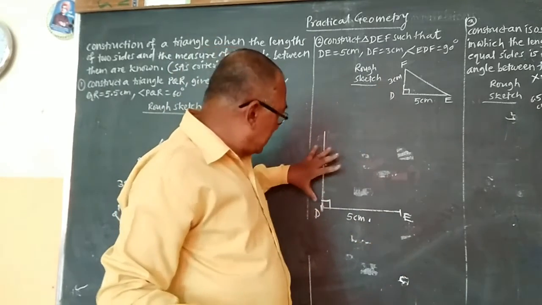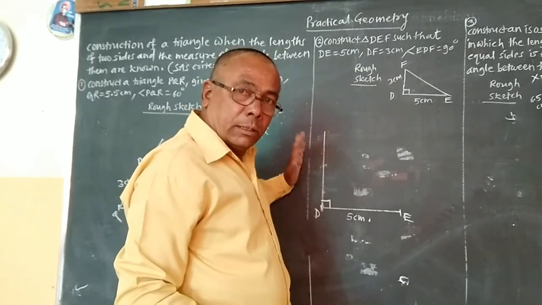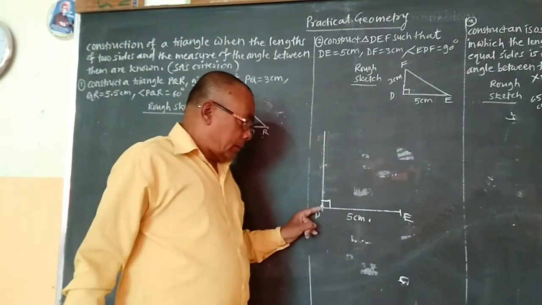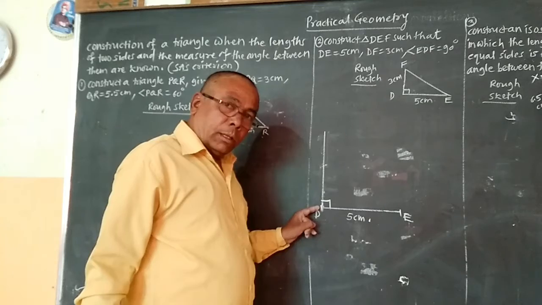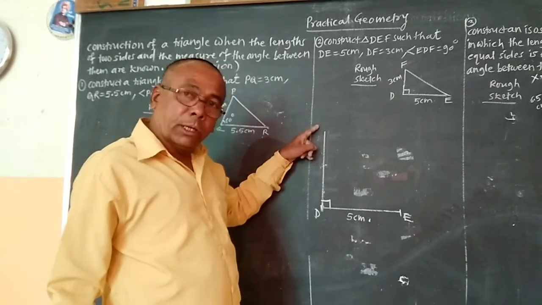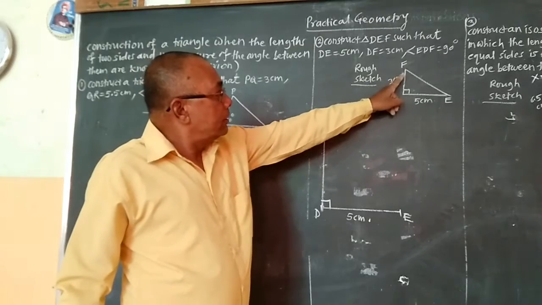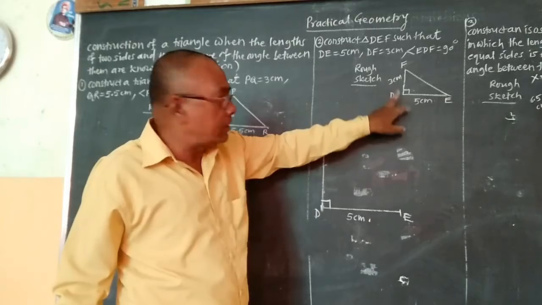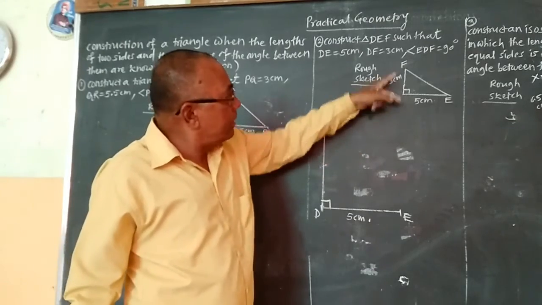on this perpendicular, now on this point, on this perpendicular, I will take the point F, which is at a distance 3 cm from D. So DF is 3 cm.